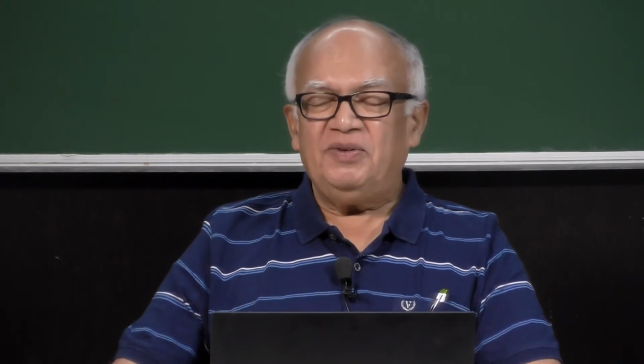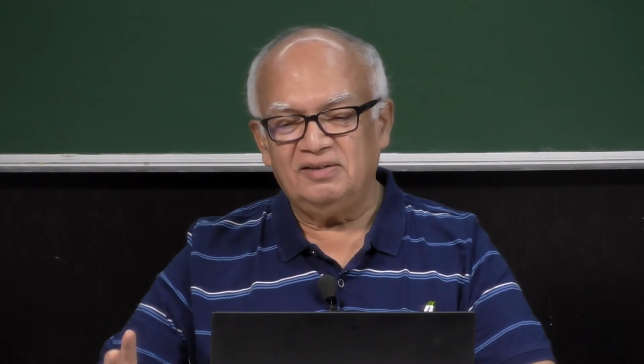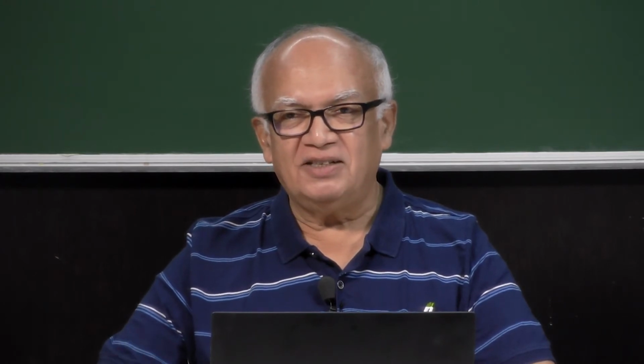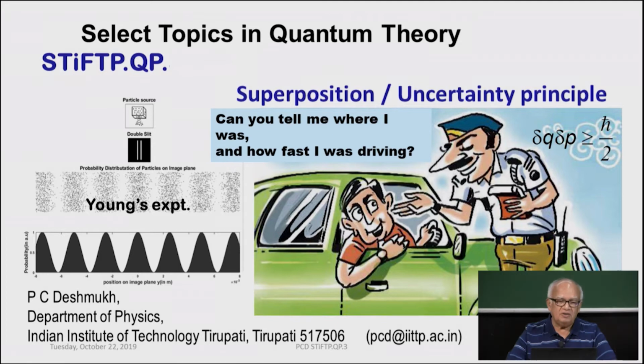Greetings. So, in quantum mechanics, we have learned so far that position and momentum, or in some sense, position and velocity, cannot be determined simultaneously. And this is an automatic consequence of quantization.